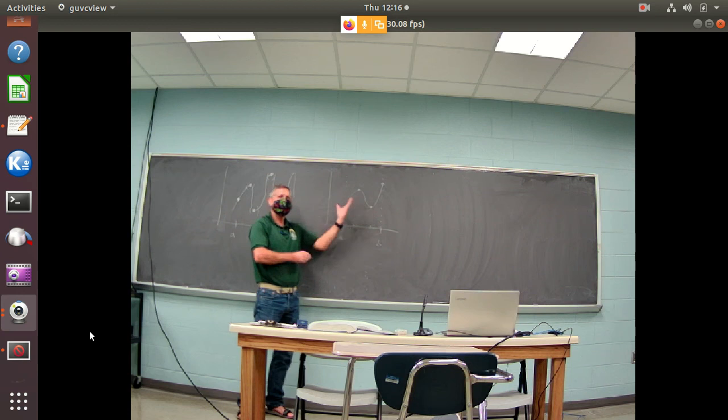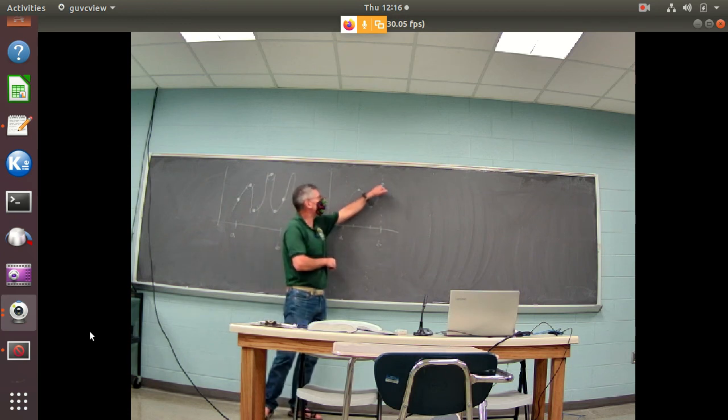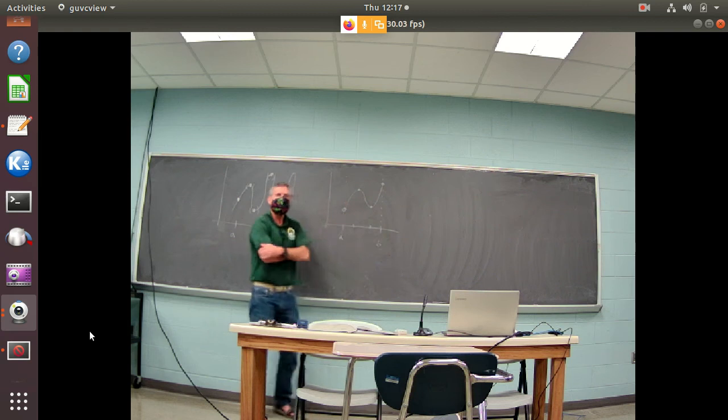Well, actually that's not true for either one of those on that open interval, because all of these points up here have higher y values than that does, and all these in here have lower ones than that. So they are relative extrema, but they're not the max or min on that open interval.